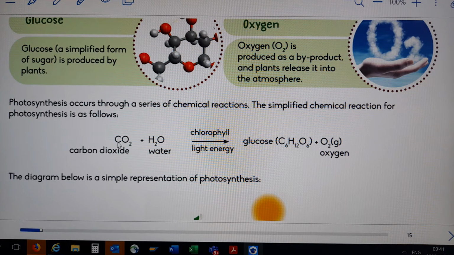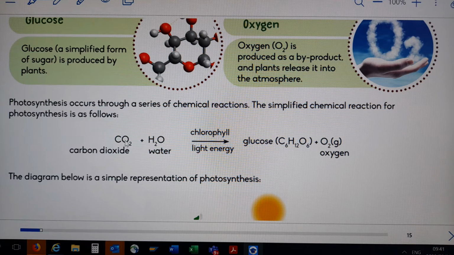Okay, we have carbon dioxide. We write it as CO2 with a small 2 at the bottom, plus water. Water, we write it as H2O. Okay, if we add these two, and chlorophyll absorbs the light energy for us, right? And with that, we can form glucose, which is C6H12O6.